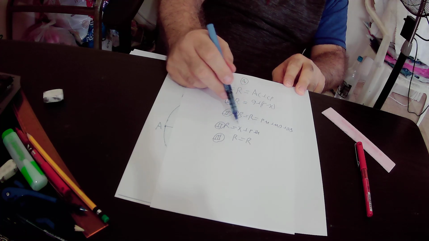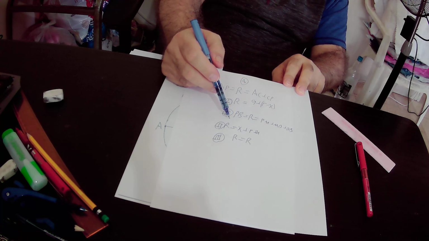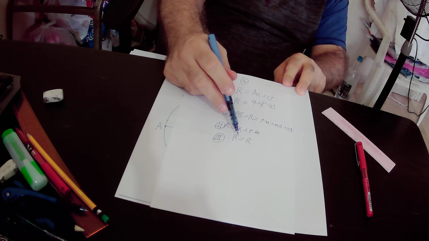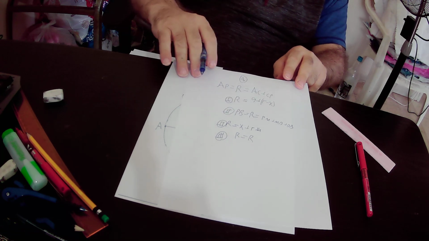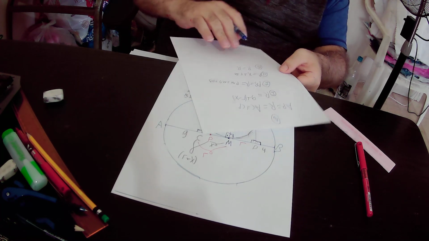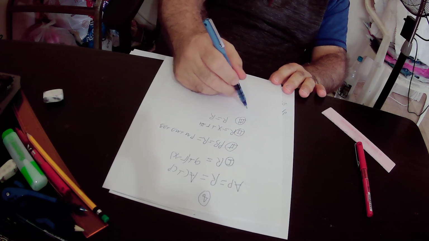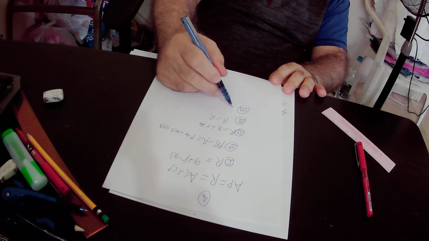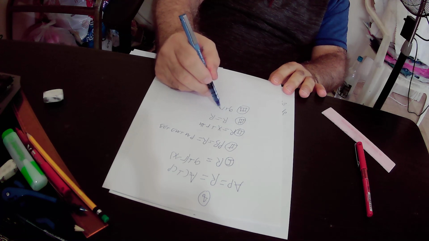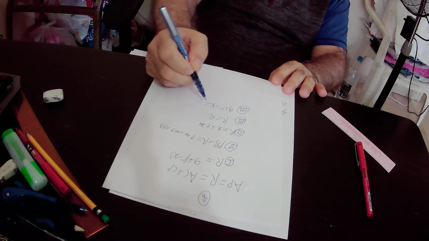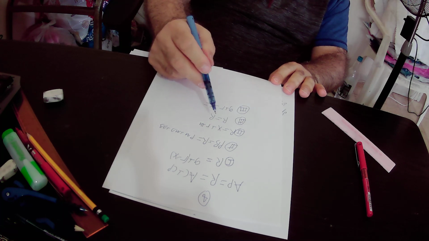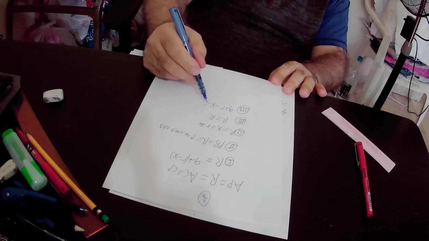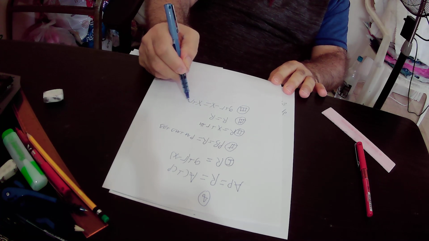Both of those equations are expressions of the radius of the same big circle, so they are equal to each other. So capital R according to equation number 1, that is 9 plus small r minus x, equals capital R according to equation number 2, that is x plus small r plus 4.